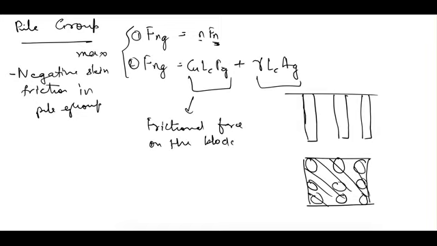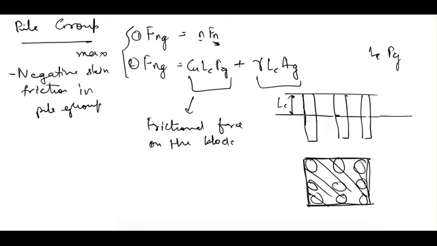In the first part, if this depth of consolidating layer is LC, then LC into PG gives us the whole surface area. This depth is LC and PG would be the sum of these four sides.